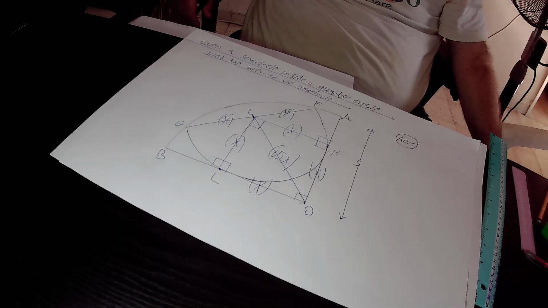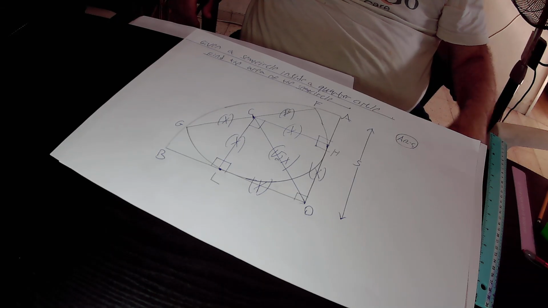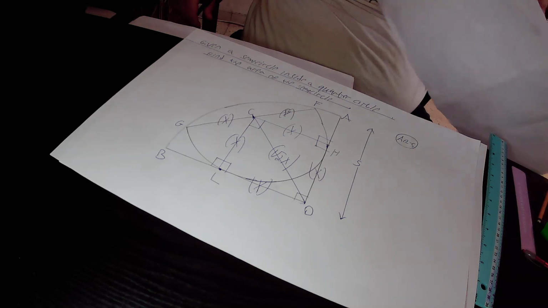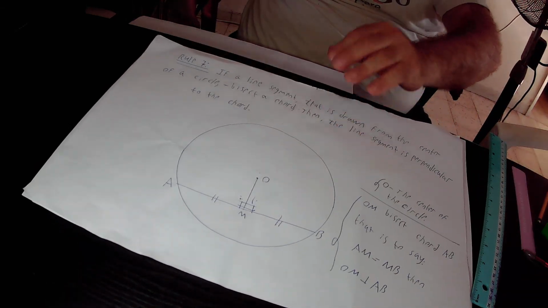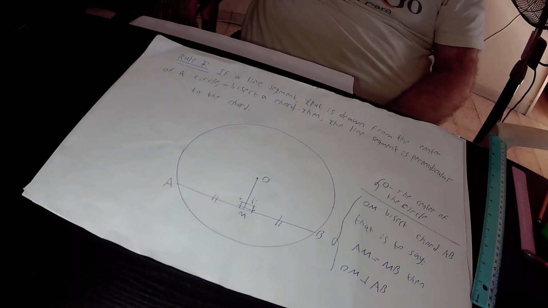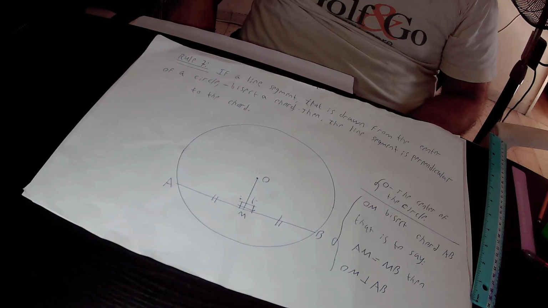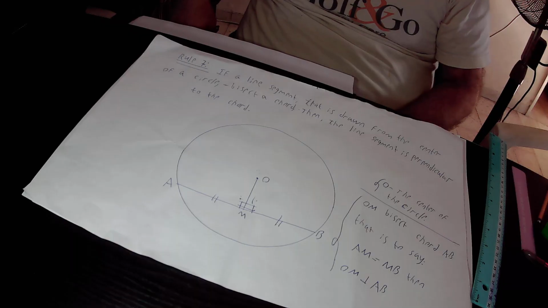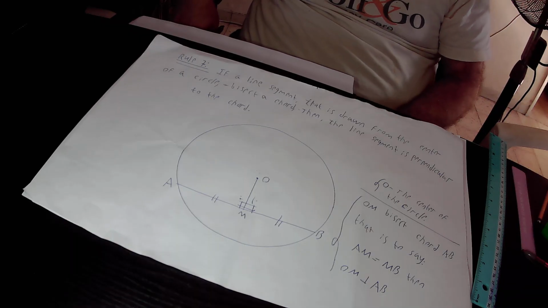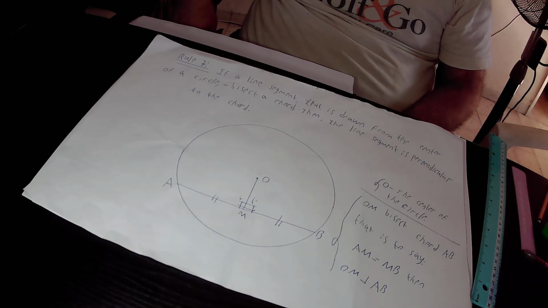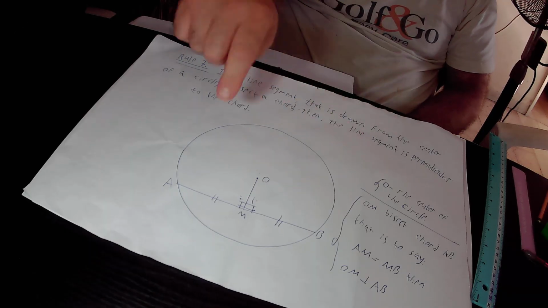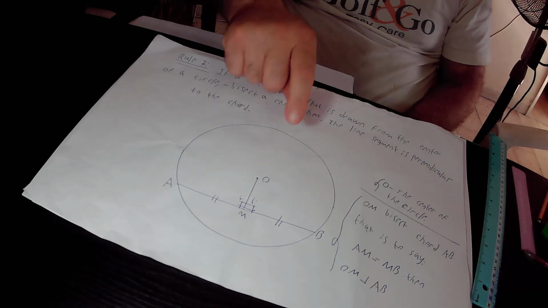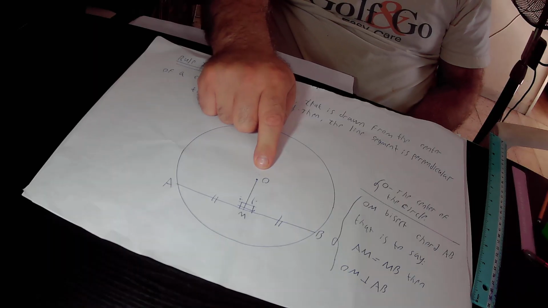So I'll fix quickly on rule 7. According to rule 7, if a line segment that is drawn from the center of the circle bisects the chord, then the line segment is also perpendicular to that chord. So we have here a circle, and this is point O, the center of the circle.